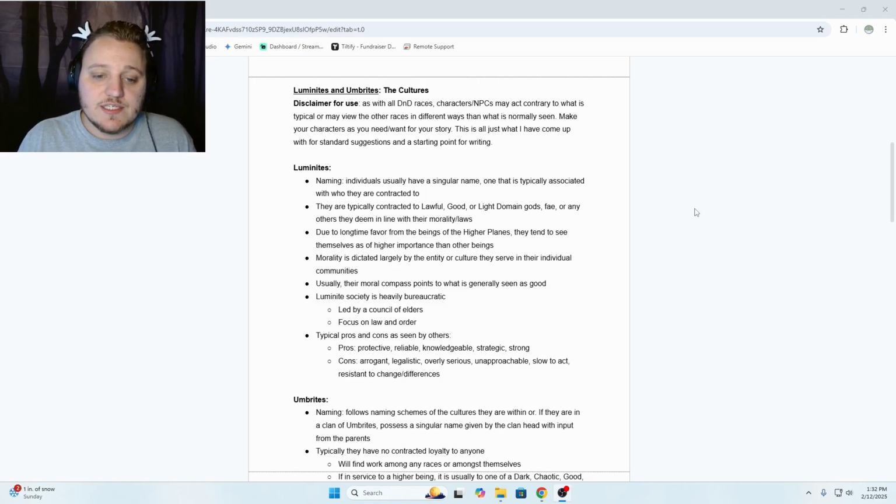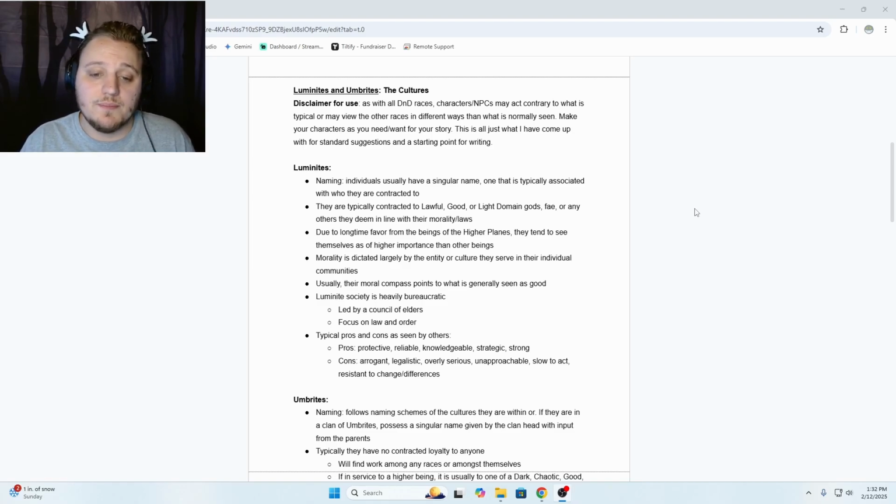Their morality is usually dictated largely by the entity or culture that they serve in their individual communities. Different communities of Luminites will serve either higher planes entities or different cultures here on the whatever realm you're in, and their morality is largely dictated or formed from whatever culture that they are within.